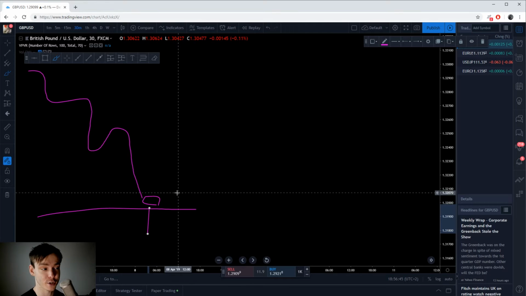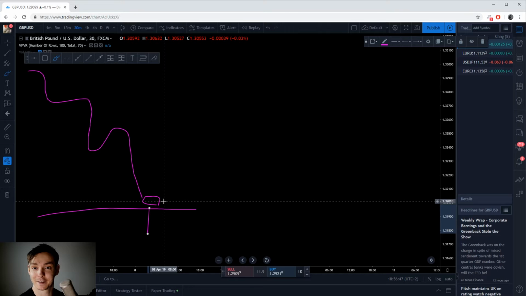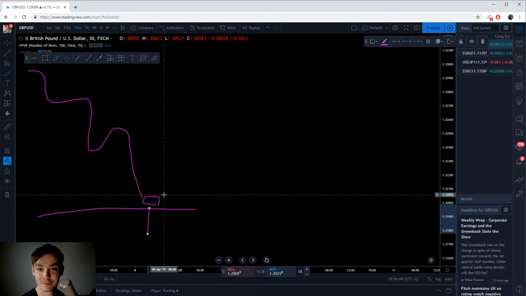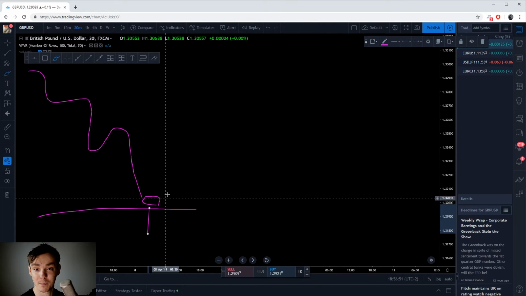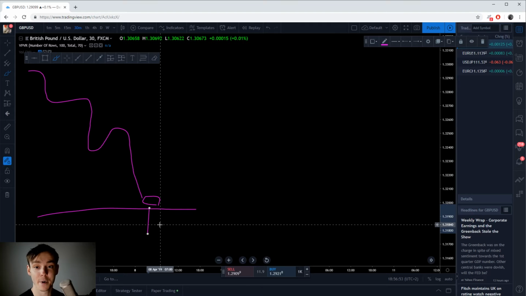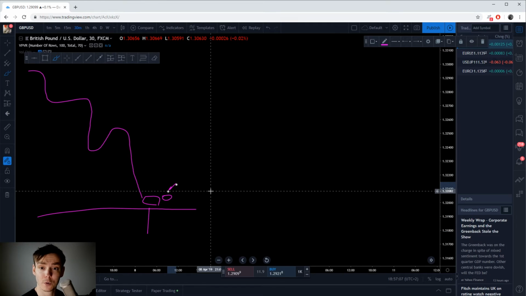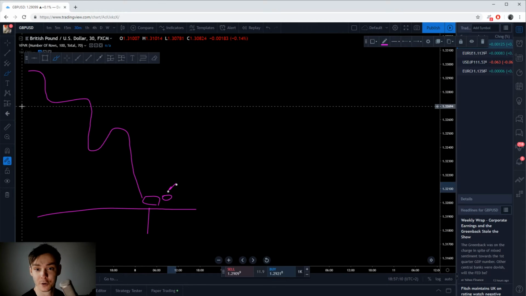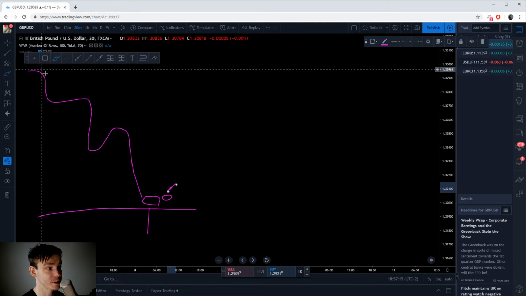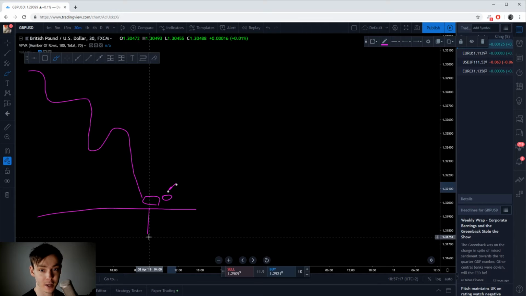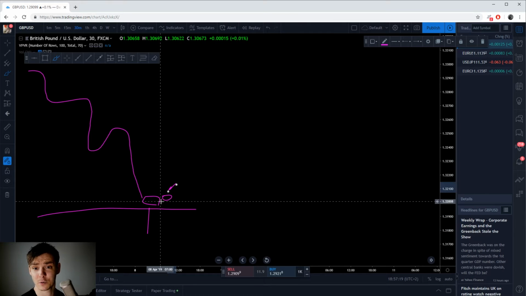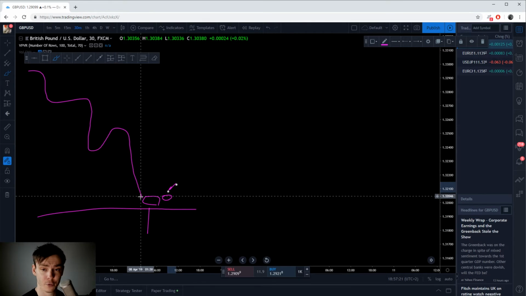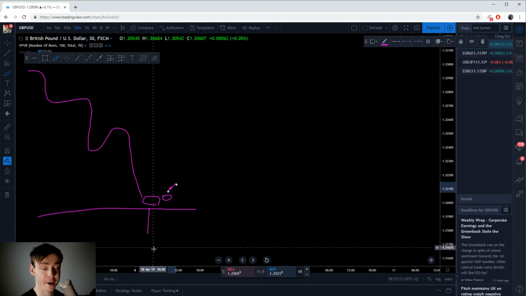After this hammer is formed, usually traders wait for some confirmation, maybe some bar closing above the body of the hammer. I would like to talk more about order flow in this case, because we are entering against important order flow. We have this impulsive movement down with a correction, and now we have just one candle with some wick.